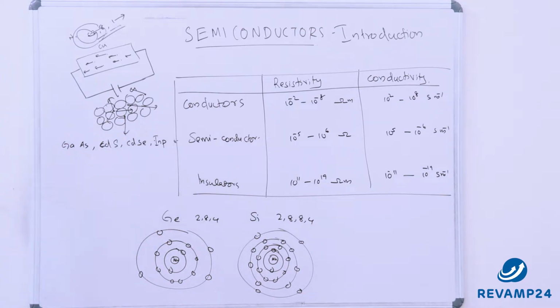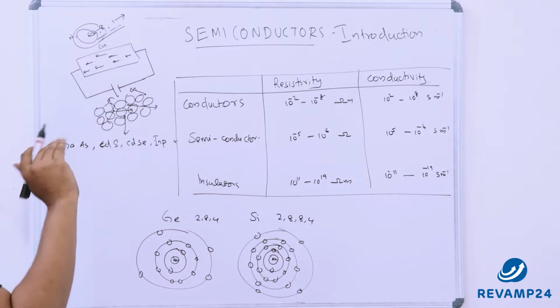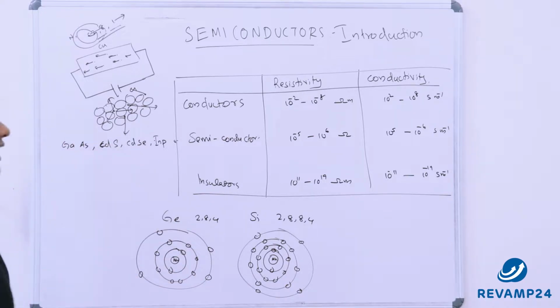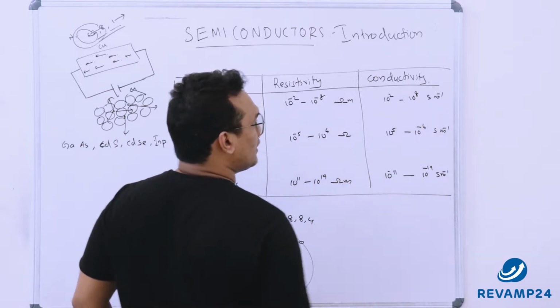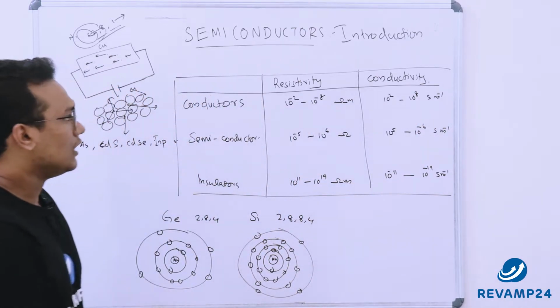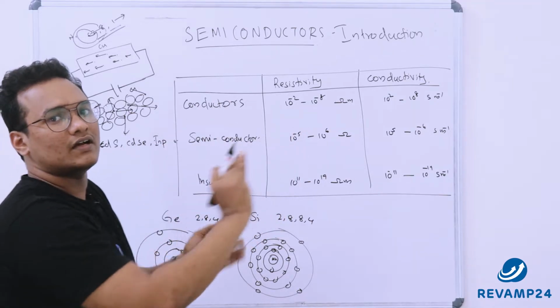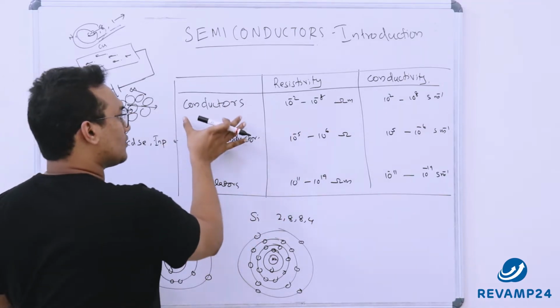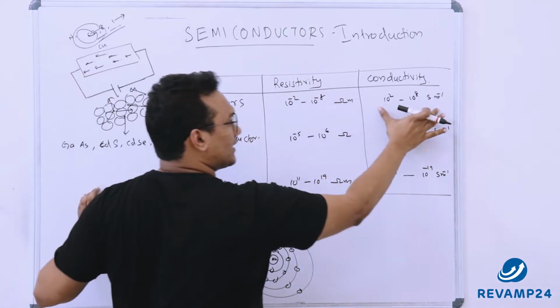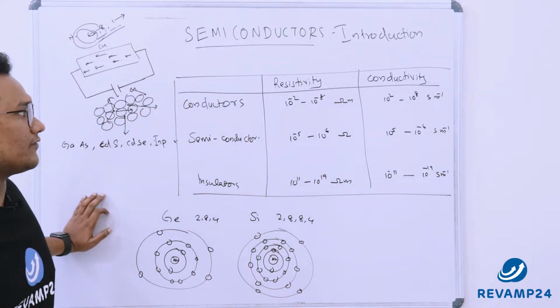Anyway, conductors have a property of electric conductivity. So they have very high conductivity, and I could say very low resistivity. What is resistivity? That is the opposition to the movement of charge carriers. So conductors offer lesser resistivity and more conductivity. May I know what is the reason for higher conductivity?